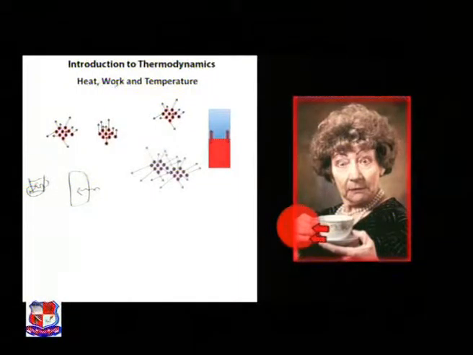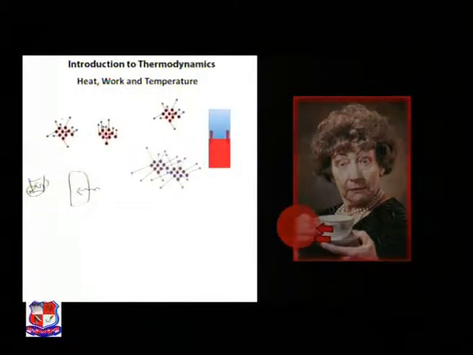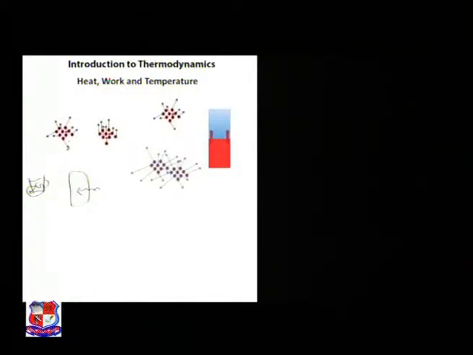Now work is also the transfer of energy, and the difference between the two is that heat transfers energy in a chaotic manner. So imagine all the molecules in my hand. The energy that's transferred from the hot cup of tea will go into the molecules in my hand. They'll get more energy.